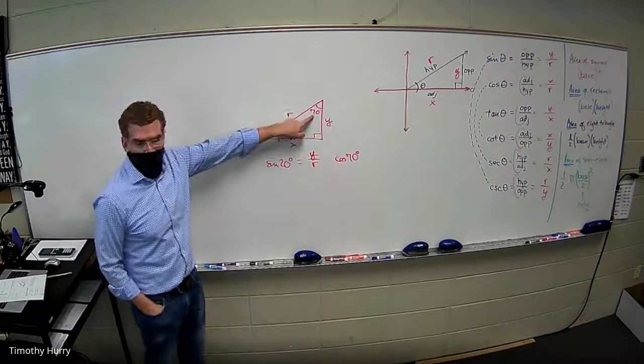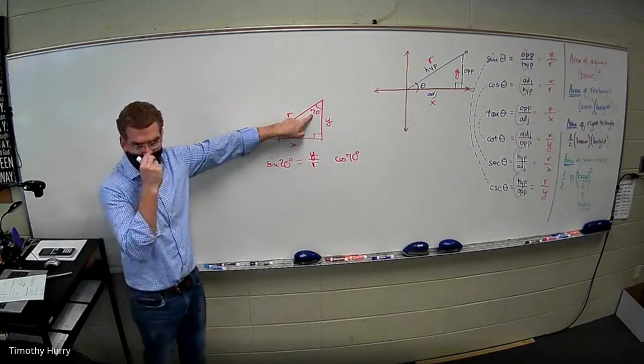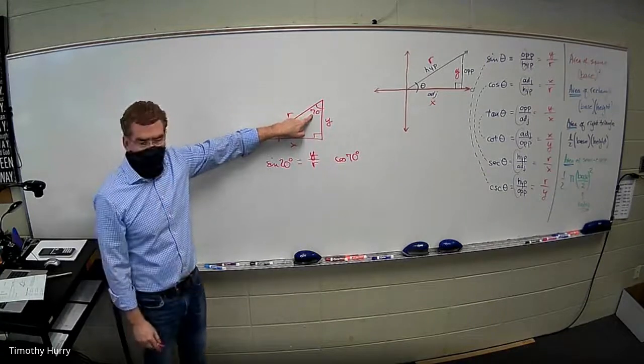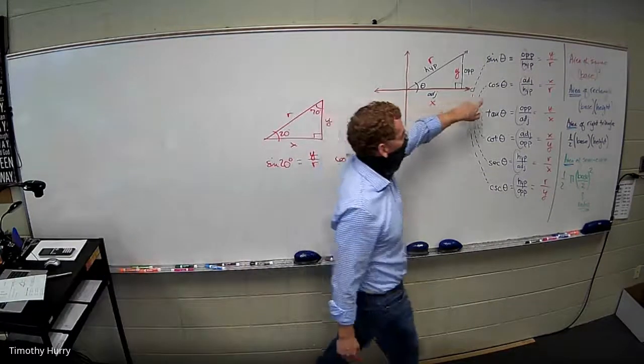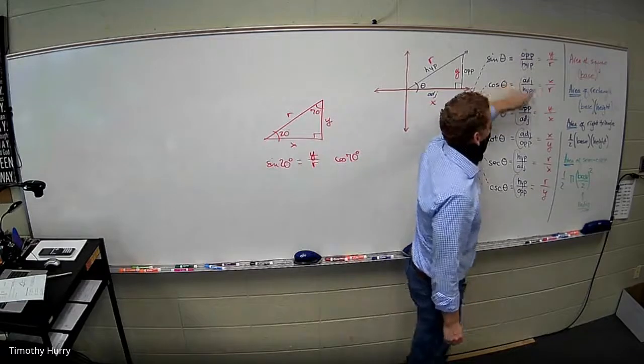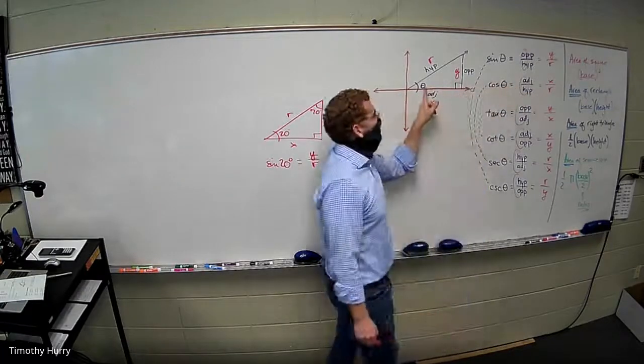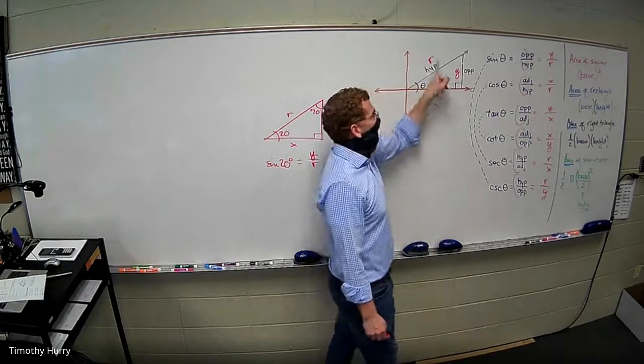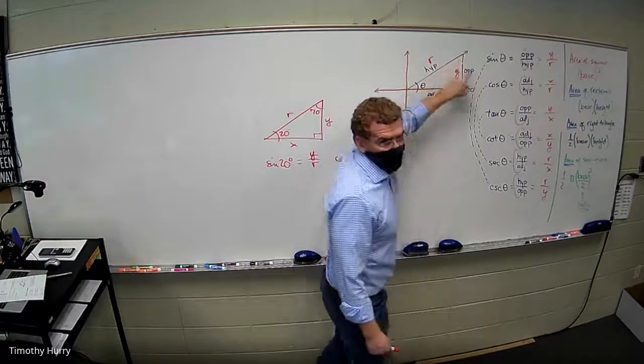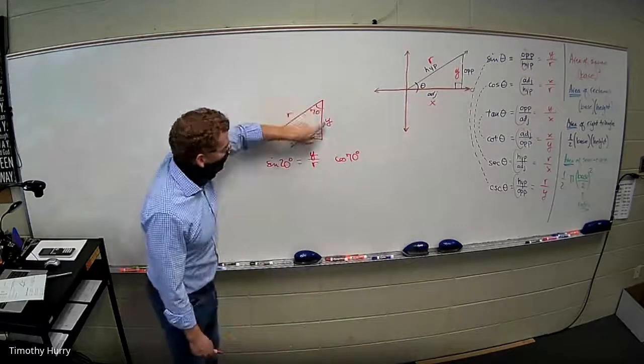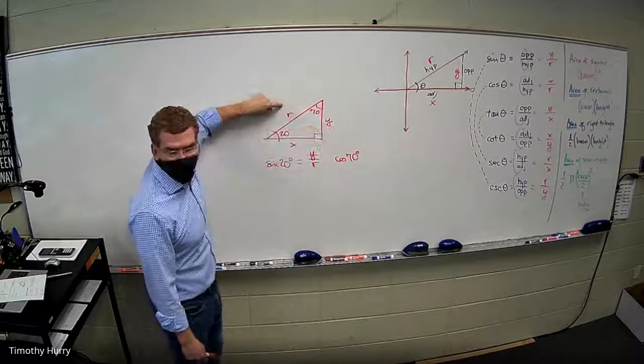Look at 70 right here. What's the cosine of the 70? Cosine is adjacent over hypotenuse. So if the angle is here, it's X over R. But if the angle's up there, it's what? Adjacent over hypotenuse.